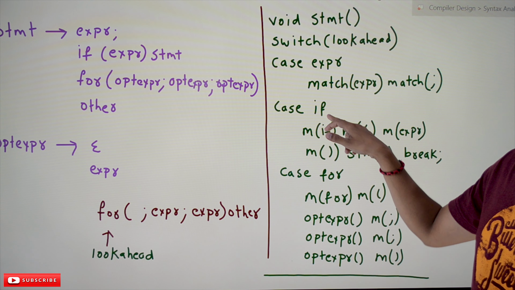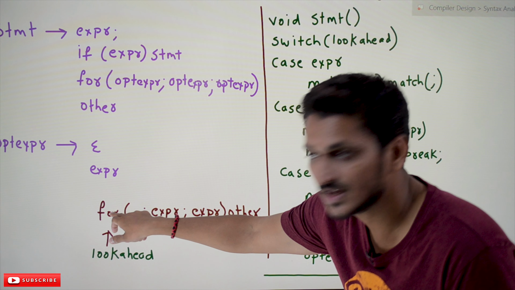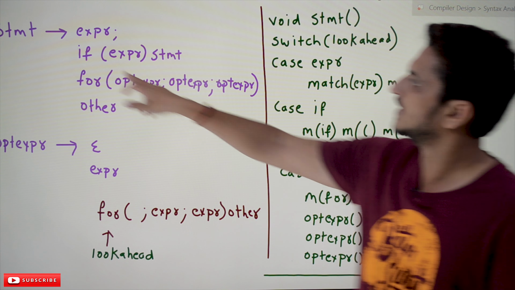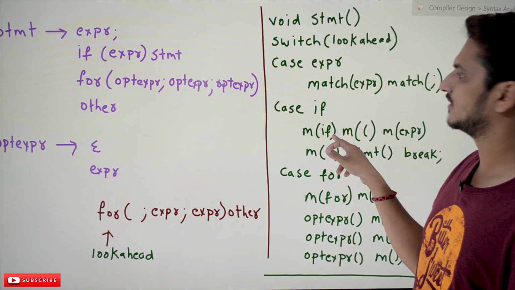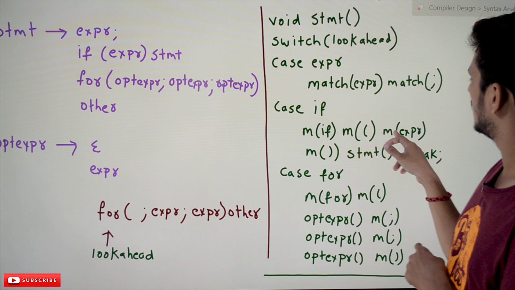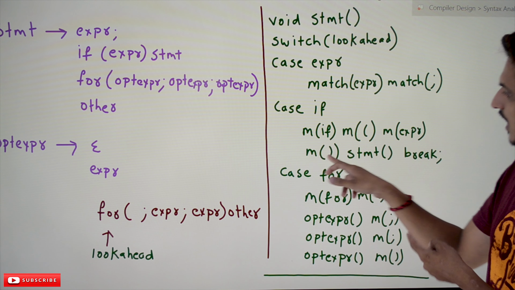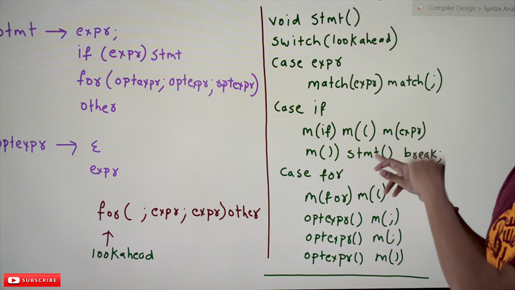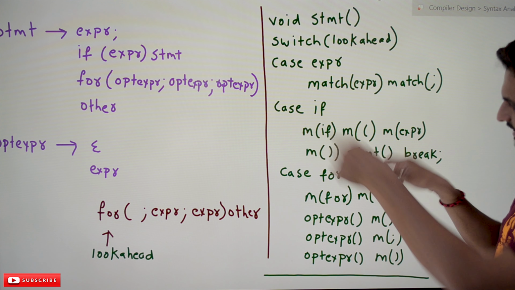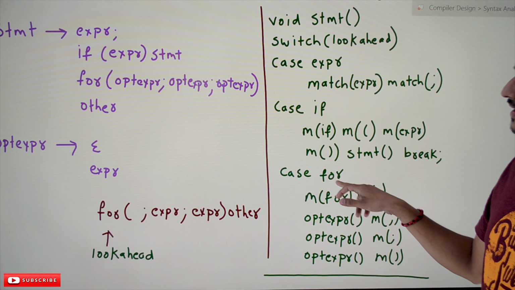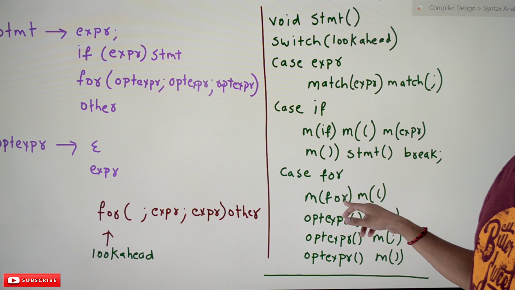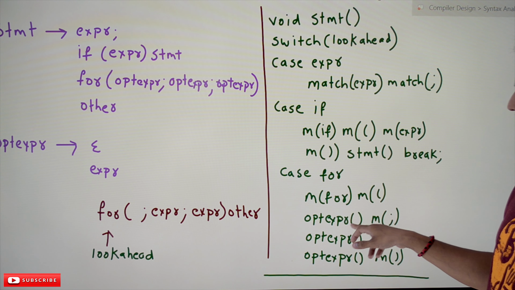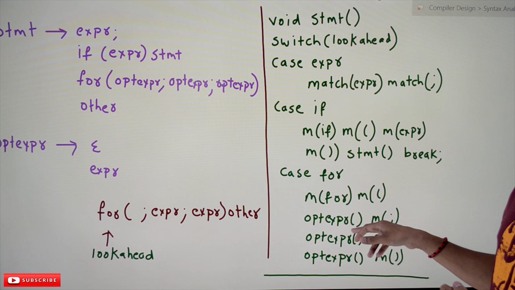Case: if our lookahead symbol says if, call this. What's the if statement? Match for if, after that match for open bracket, after that match for expression, after that match for closed bracket, then call the statement function again. Same way, case for loop: match for keyword, match for open bracket, optional expression, call the optional expression.